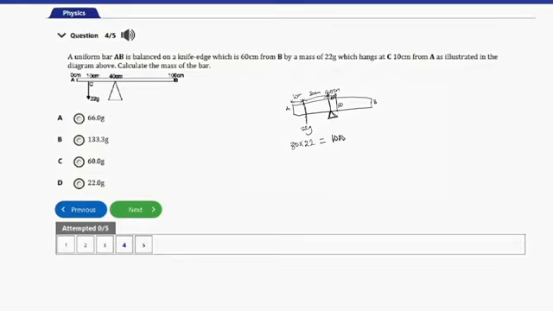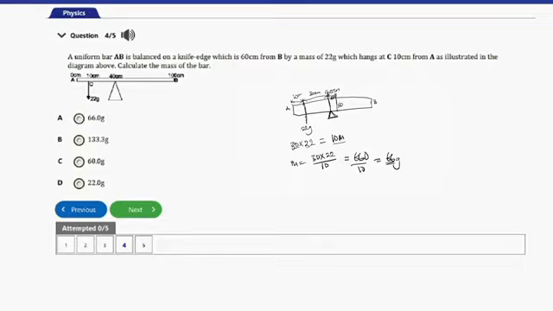So 30 times 22 is equal to 10m. So m alone is going to be 30 times 22 over 10. So with this we have 660 grams over 10, and that would be 66, and that's option A here, guys. Option A is the answer to this question.